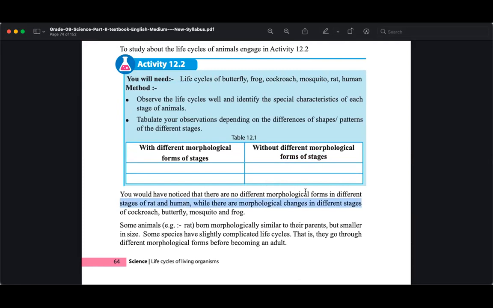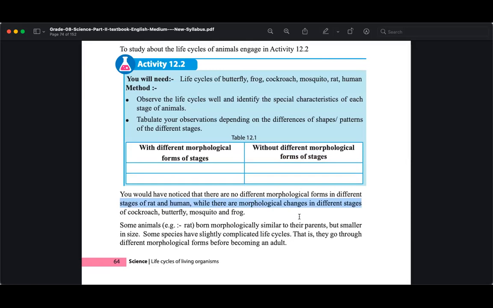Still, you can see, for example, the fingers of a baby and the fingers of an adult are the same, but there are broad differences, right? So don't misunderstand that the baby and the man are not the same. Basically the basic shape is advanced, so mostly it's identical, but the basic shape is subjected to growth.